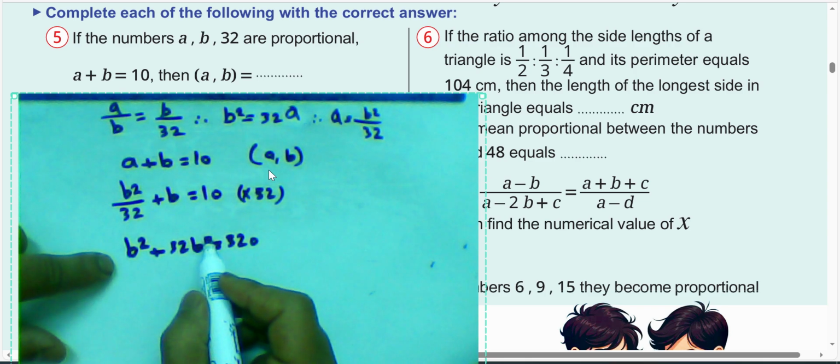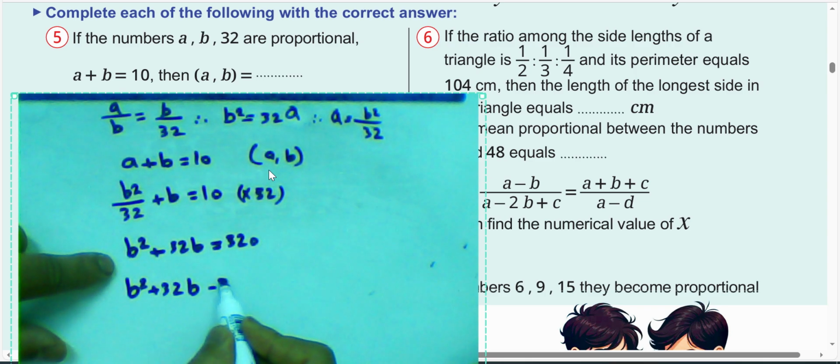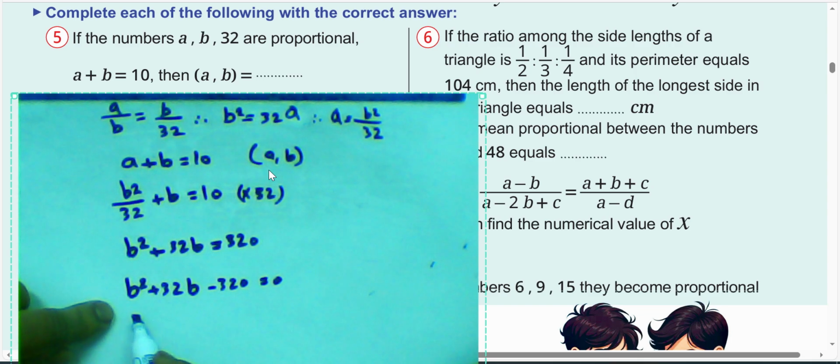I will move 320 here, then write b squared plus 32b minus 320 equals 0, and then factorize the expression.